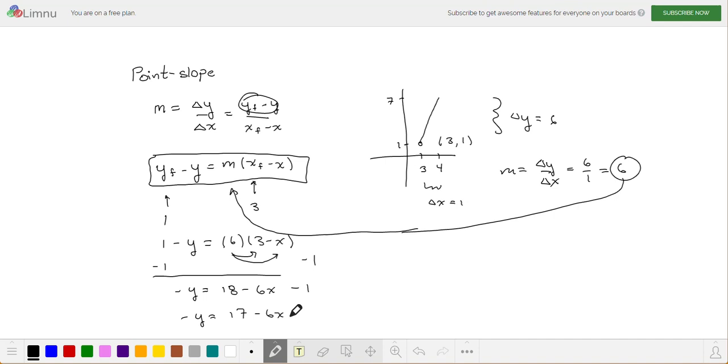And then last step, I want to multiply both sides by minus 1. And I'm going to move the 6 over. So y equals minus 17 plus 6x. And to make that look like slope-intercept form, we want to put the 6x in front. So that's 6x minus 17.